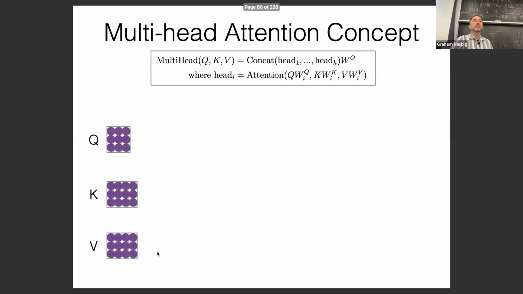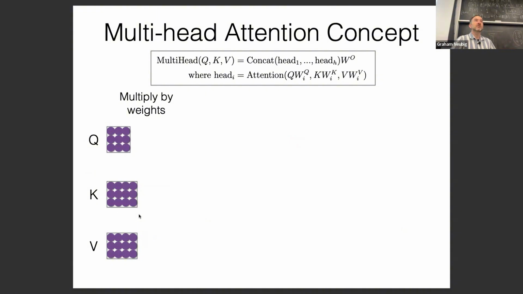And the way multi-head attention works, this is also written in the transformer paper, is that multi-head QKV is an operation that takes query vectors, key vectors, and value vectors, and runs multiple pieces of attention over them.